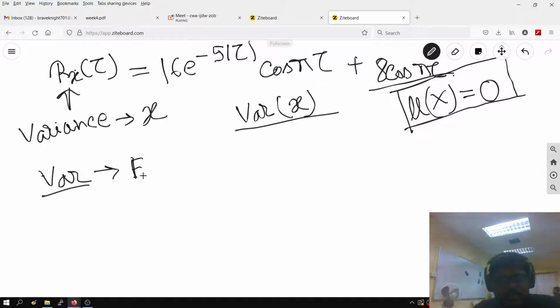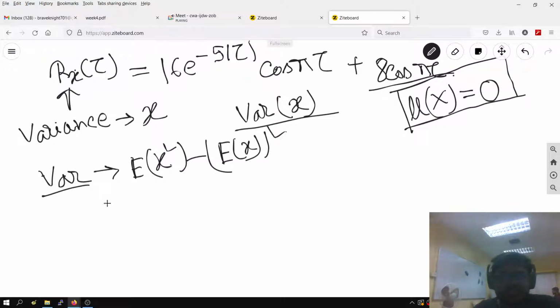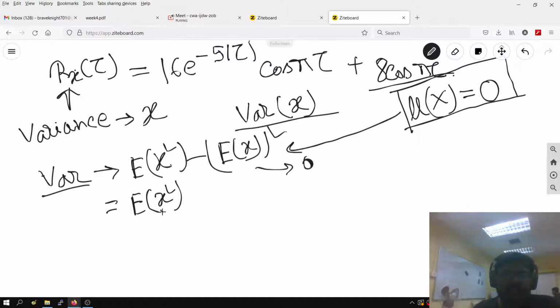It is expected value of x square minus the expected value of x, squared. If we put this condition here, this term will become 0. So what is the expected value of x square?